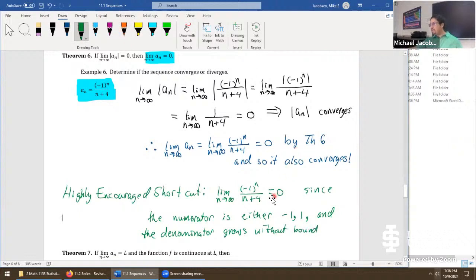So the highly encouraged shortcut is, if you see stuff like this, where your numerator is not constant, but it can't really grow in any direction, it's constrained within a finite range, this always converges to 0.